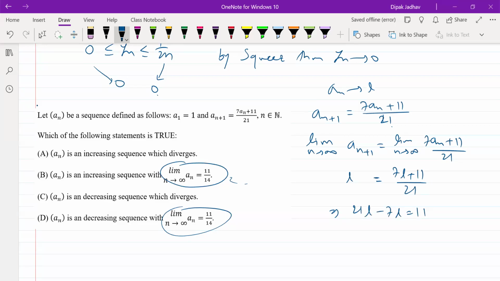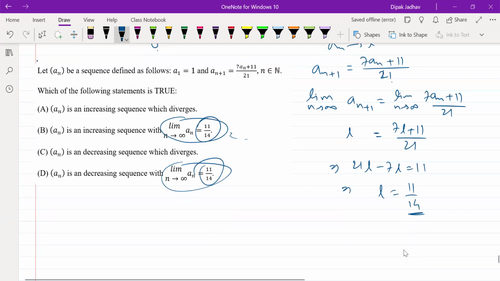From this, I get L equal to 11/14. This is that magic figure which is appearing in the options. So if at all the sequence a_n is convergent, it will converge to 11/14.